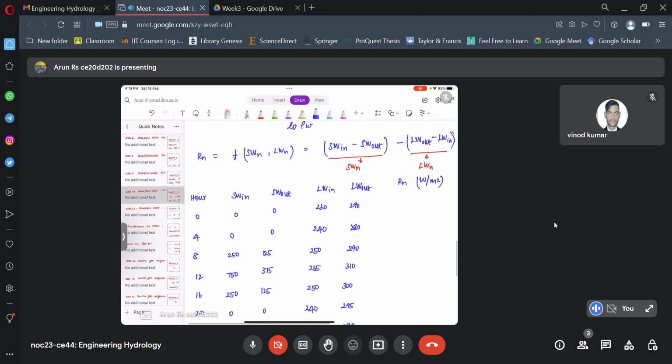So we'll be applying this equation 1 to determine the net radiation.